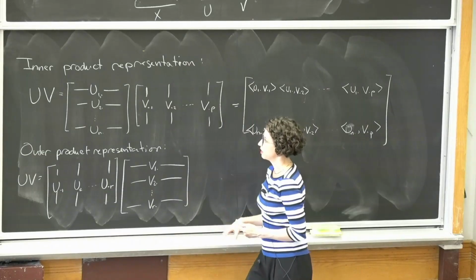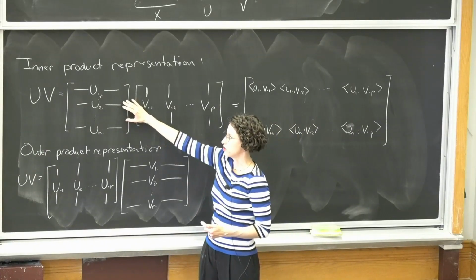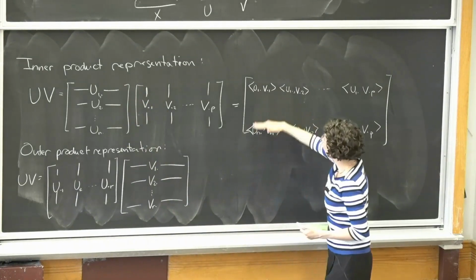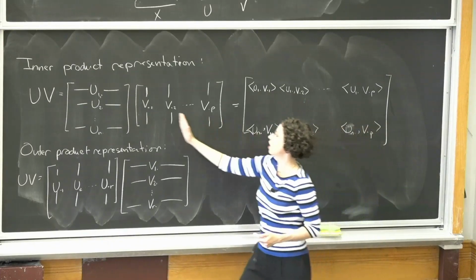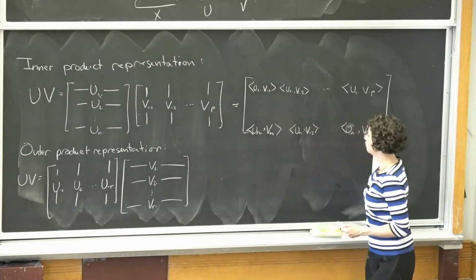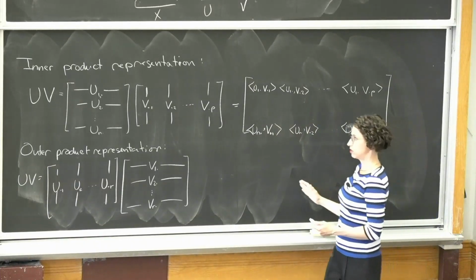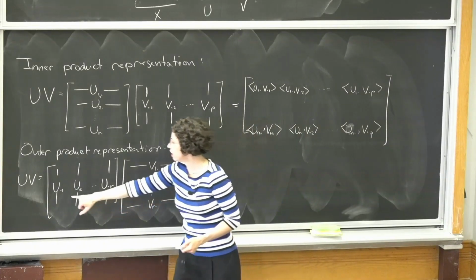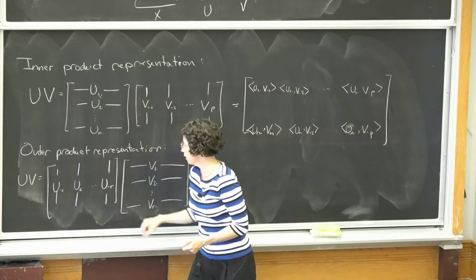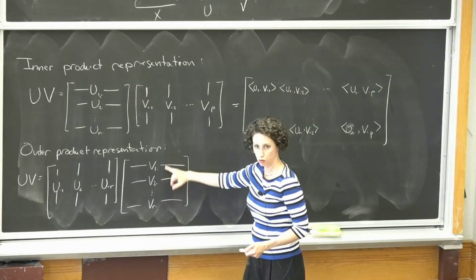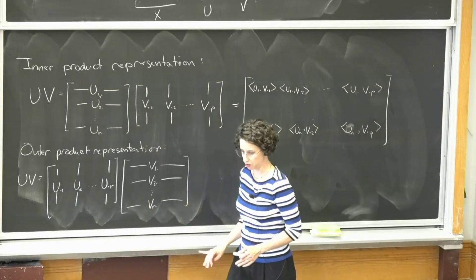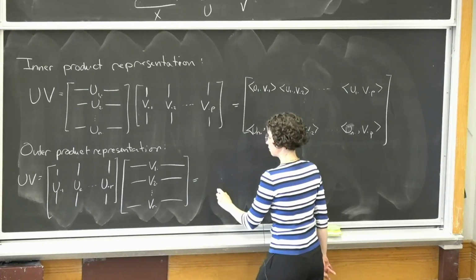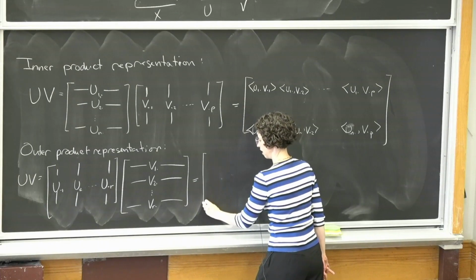So the first thing I want to point out is that here, when we have this inner product representation, the number of rows of U is going to be the number of rows in the product, and the number of columns in V is the number of columns in the product, but they're not necessarily the same. When we get to the outer product representation, the number of columns in U is necessarily the number of rows of V. Both of them are r. They have to be the same number. And so now, when I write this product, this is going to be the same as a sum of different outer products.